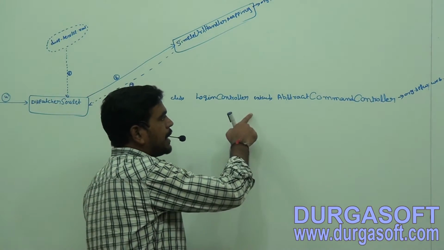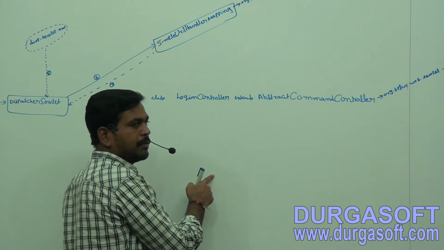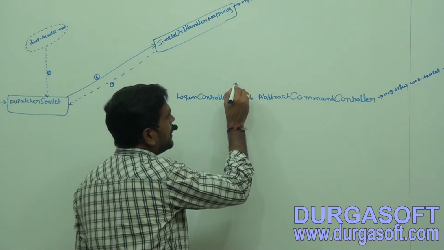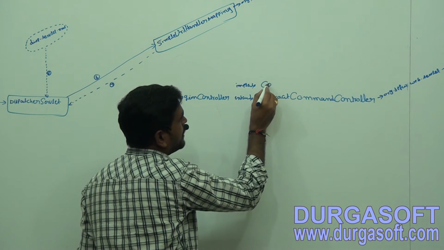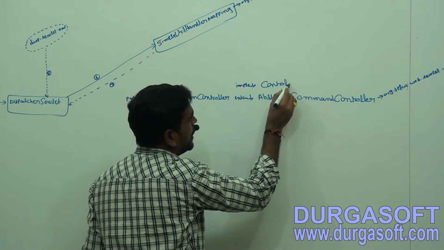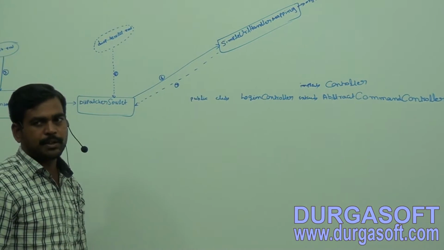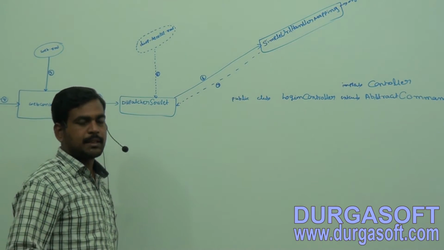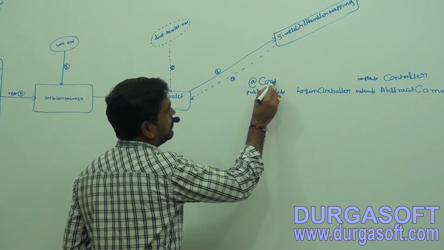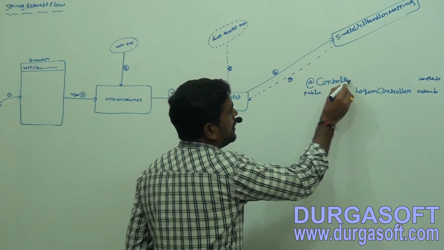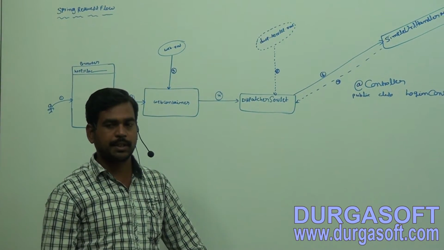Here we can extend AbstractCommandController and design the controller part. Otherwise we can implement the Controller interface and design the subcontroller. Otherwise we can use the @Controller annotation and design the subcontrollers.